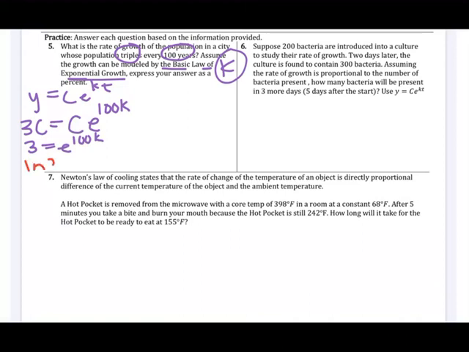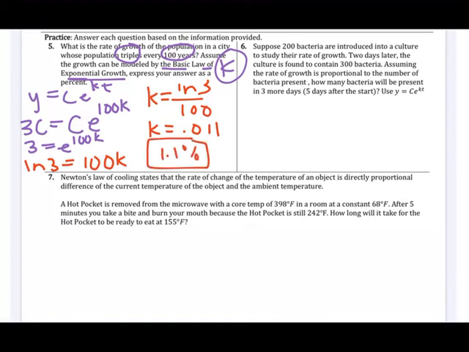I natural log both sides. The natural log of e to the 100K is just going to be 100K. And then if I solve for K here, if I take the natural log of 3 and I divide it by 100, we're going to get that K is equal to 0.011. And the question asks us to represent this as a percentage, so 1.1%.